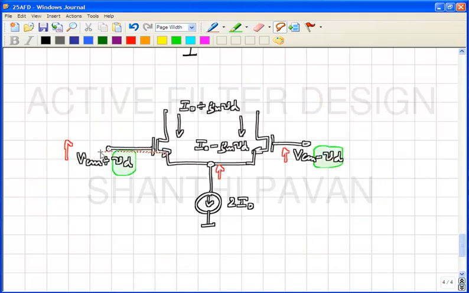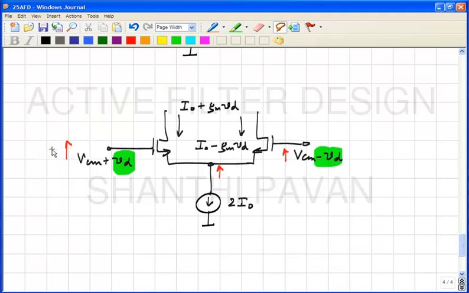When you're in doubt, always draw the incremental equivalent. Okay. Please note that this can be split into a common mode equivalent half circuit. And how does that half circuit look? This is the incremental VCM.